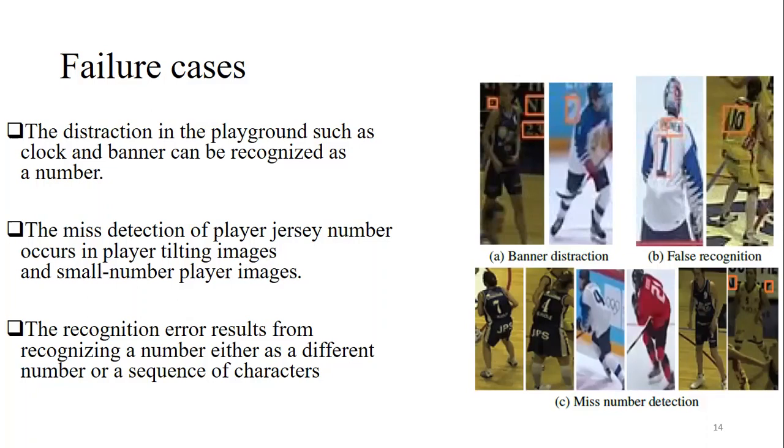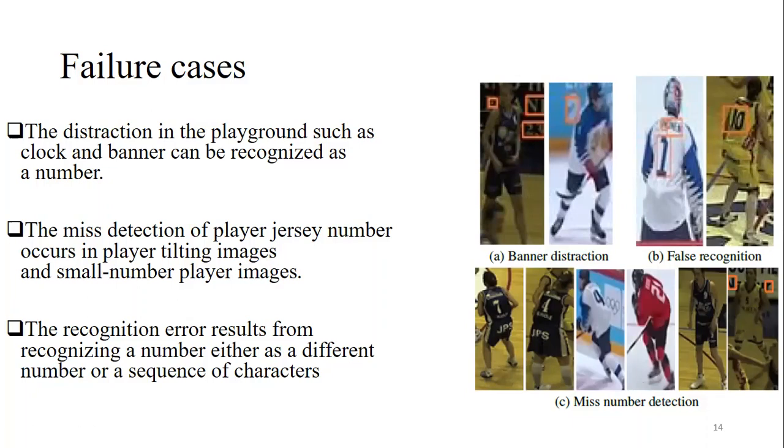And the reasons for misdetections in small player images are not only the small size of the number regions, but also the image blur.